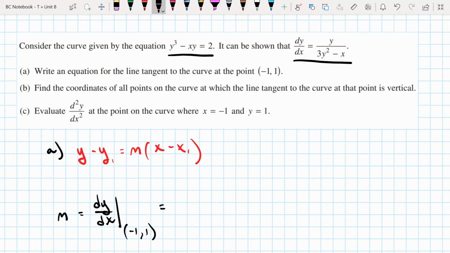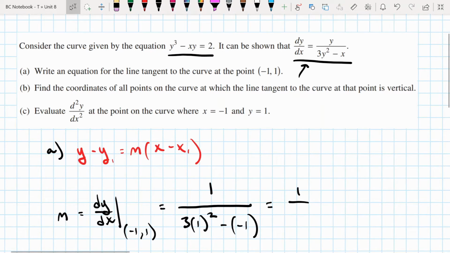So we're going to take the derivative over here, and we're going to plug in -1 for x and then 1 for y. So 3 times 1 squared minus -1. Okay, and then if we evaluate this, we get 1 over 3 minus -1, which is 3 plus 1, so it's 1/4.